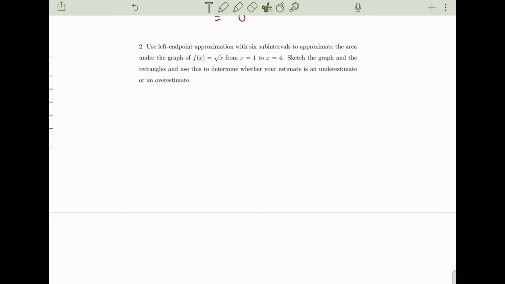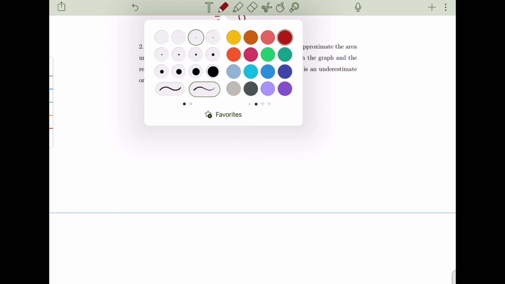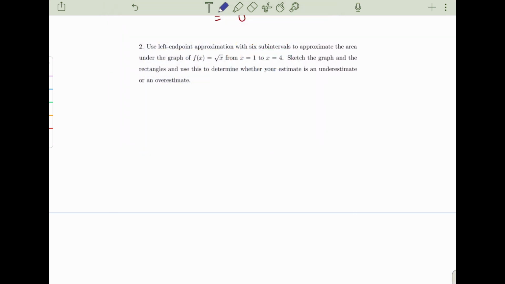Sketch the curve, the graph, and the rectangles, and use this to determine whether your estimation is an underestimation or overestimation.